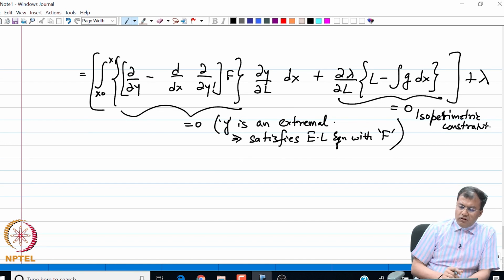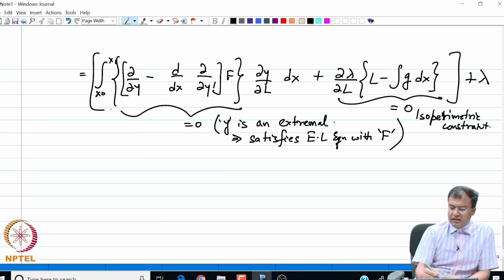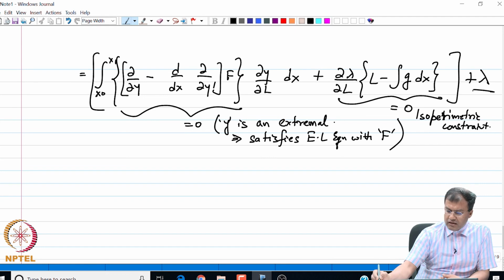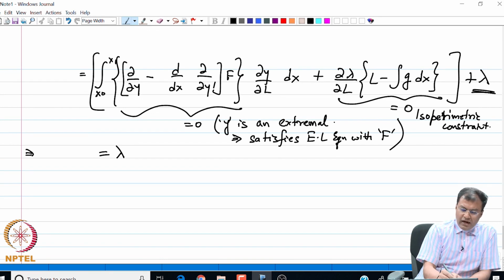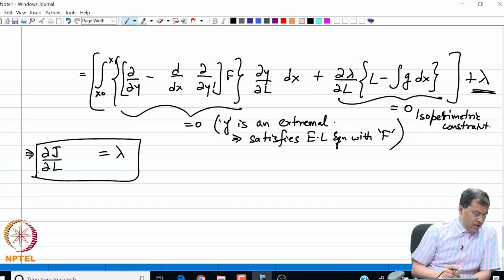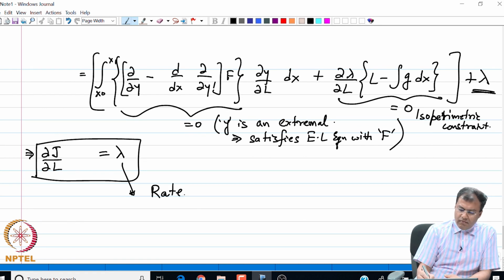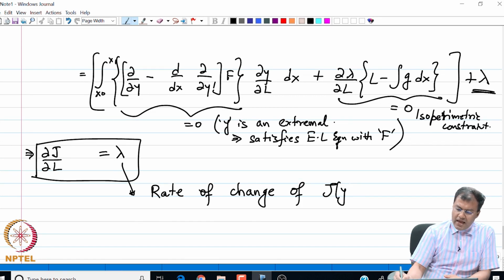So everything inside the integral is 0 because of the Euler Lagrange equation and the isoperimetric constraint, and the only quantity that survives is the quantity outside the integral, so del J del L is equal to lambda. What we have shown is that lambda is the rate of change of the functional J of y with respect to the parameter L.